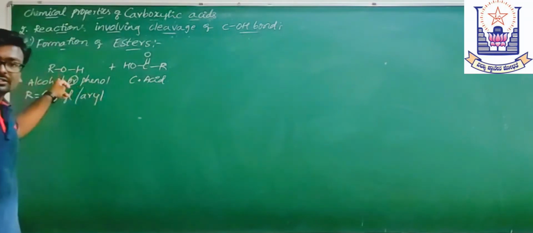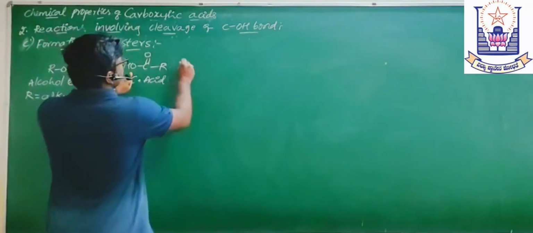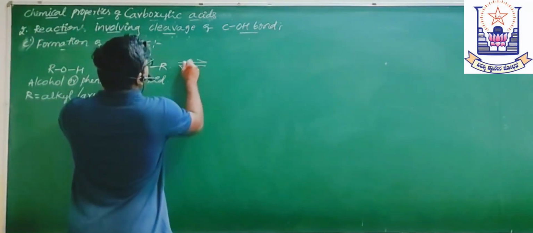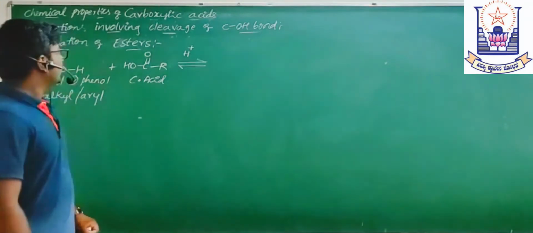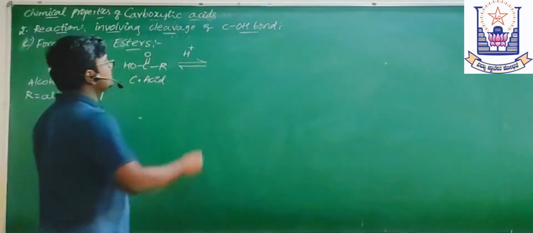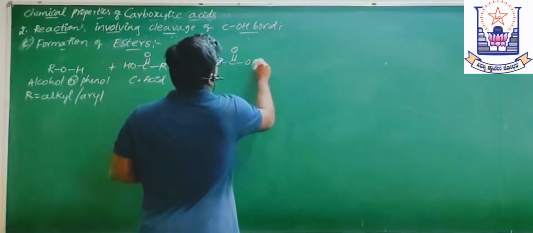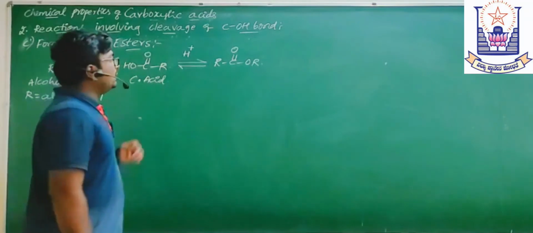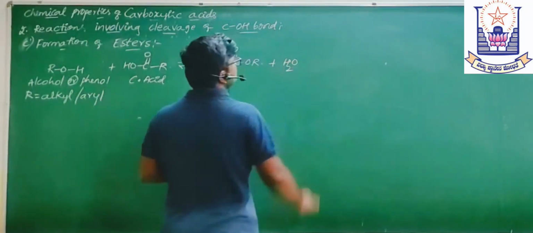When alcohols or phenols are treated with the carboxylic acid in the presence of an acid, it gives esters. What is the general formula of ester? RC double bond O, OR. Okay, and this will be accompanied with the release of H2O.